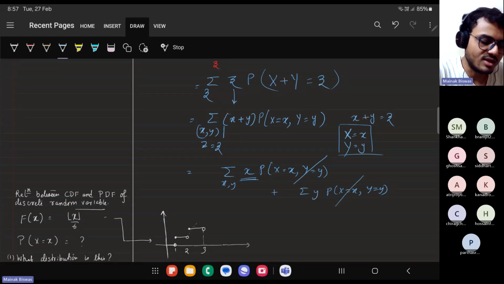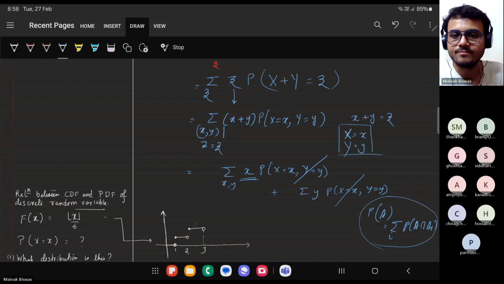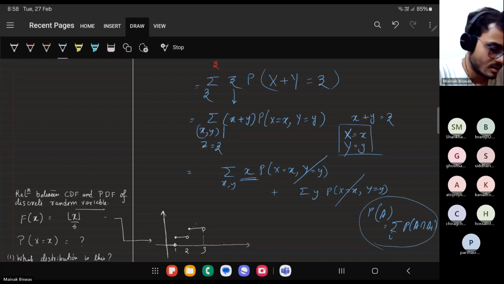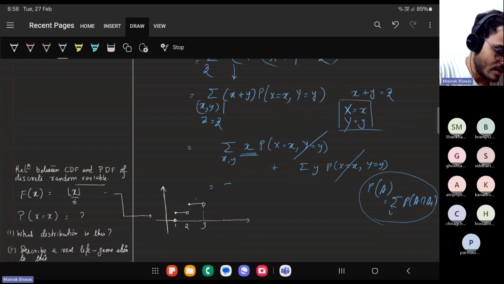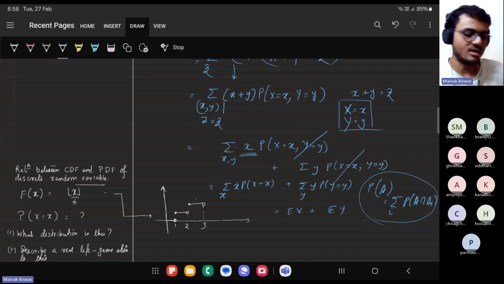Similarly, here X will vanish. What did I say? If the probability of A is the sum over all i of A intersection A_i, then this is the law of total probability. Yes or no? I taught you last day. This will turn out to be the sum of x times the probability of X equal to x, plus the sum of y times the probability of Y equal to y, which is the expected value of X plus the expected value of Y. Is it clear?